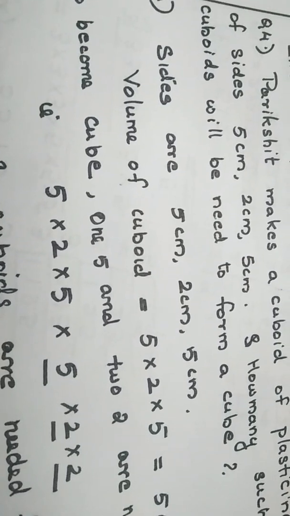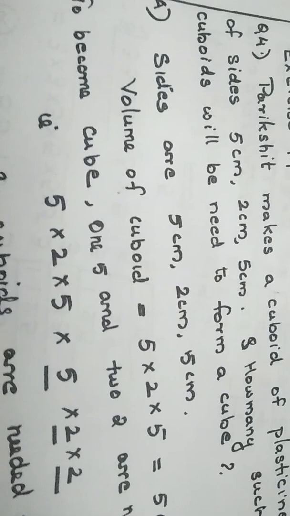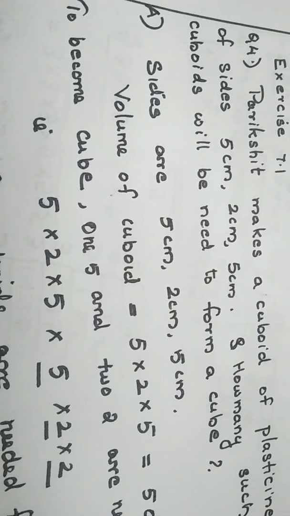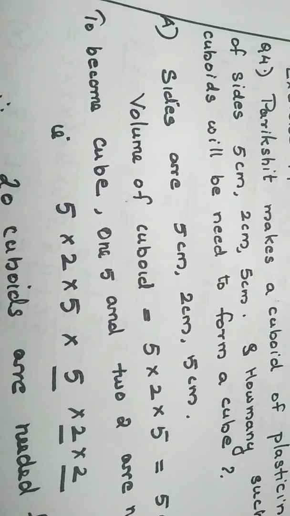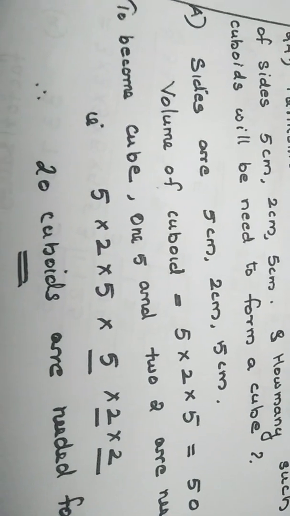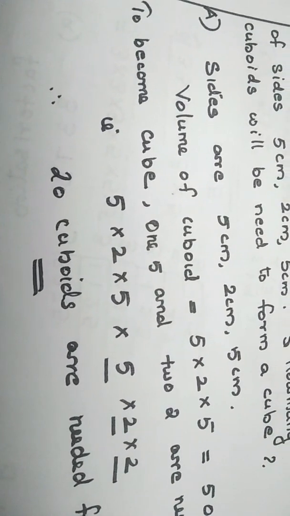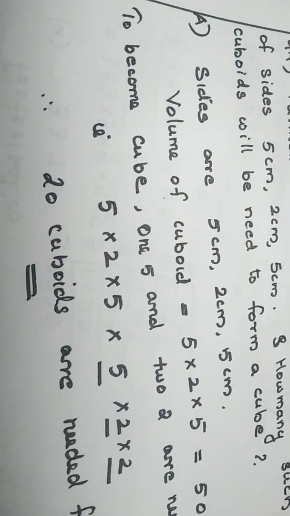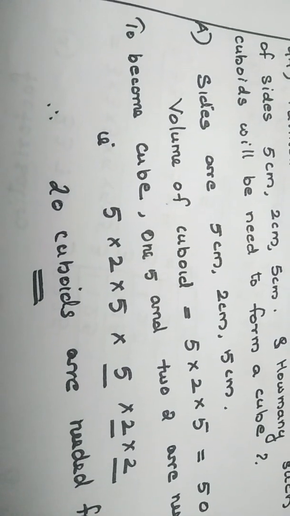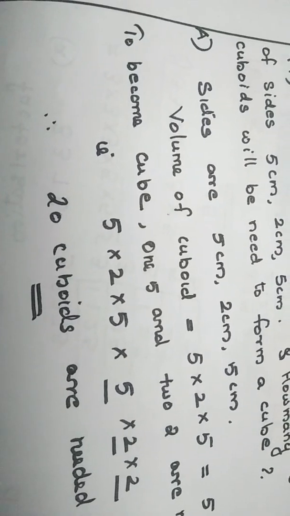That means all the sides should be equal in the case of a cube. So here sides are 5 cm, 2 cm, 5 cm. Here in the question, we can apply the method of making perfect cube. How will we make this cuboid a cube?